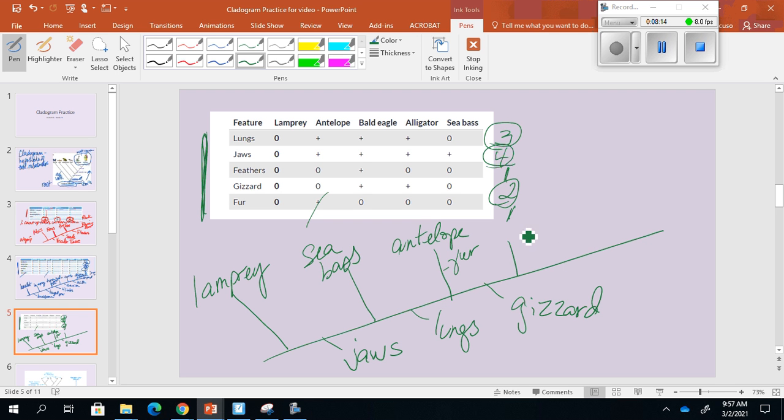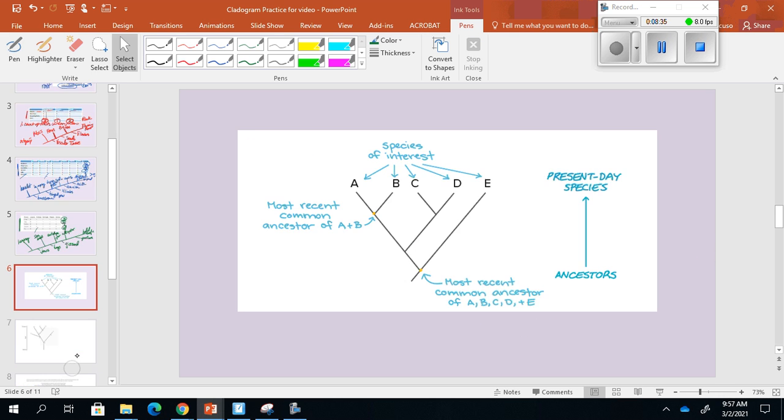But instead I can just go, all right, my alligator will go here, and then I can put my bald eagle here, and I could put feathers here, because feathers would separate the bald eagle from the alligator. All right, so that's how you do it.